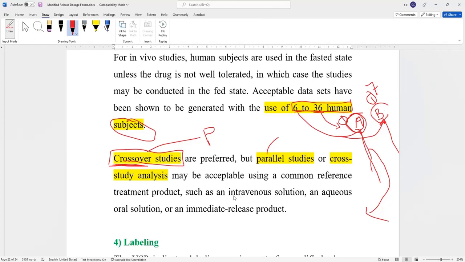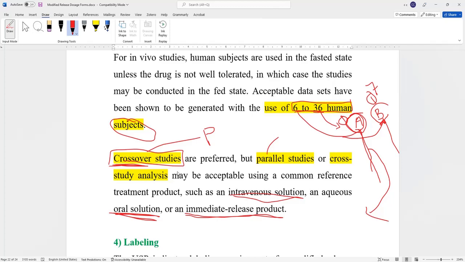But what is this product? It is an intravenous solution, because with an intravenous solution there is no complication. You directly put the drug in the body system. Or an aqueous oral solution, because its absorption is very fast and has no problem, or an immediate release dosage form that is absorbed very quickly. That is called cross study analysis.